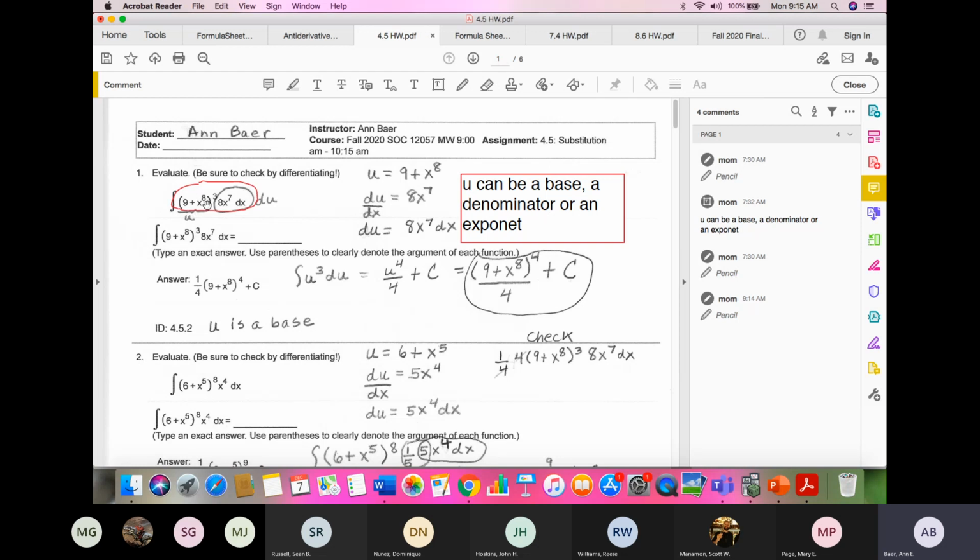So let u be equal to that base. u equals 9 plus x to the 8th. But what's inside here? Not the exponent, but what's inside. What's below the exponent? That's what we want to let u be equal to. u equals 9 plus x to the 8th.